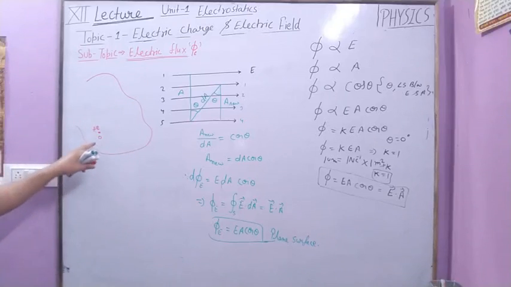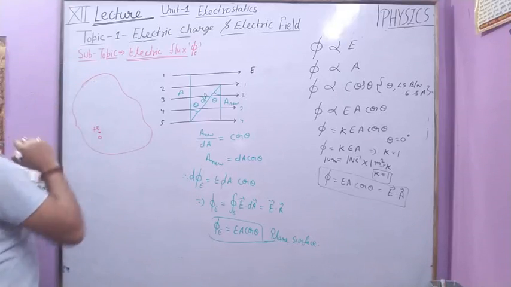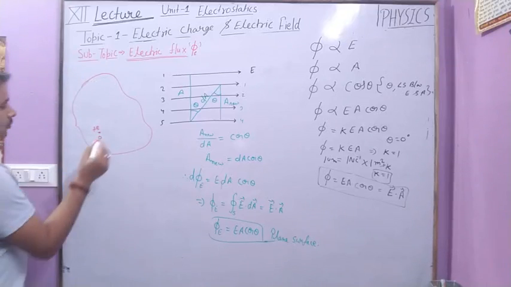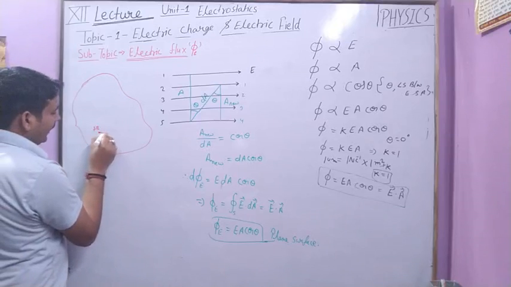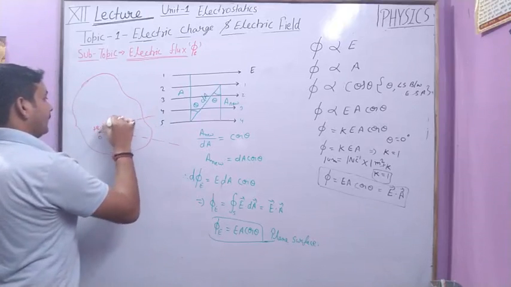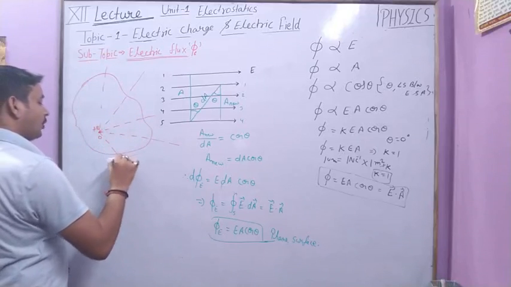Let a charge Q be placed inside the closed surface at point O. So the electric field lines pass through this surface at different angles at different points.